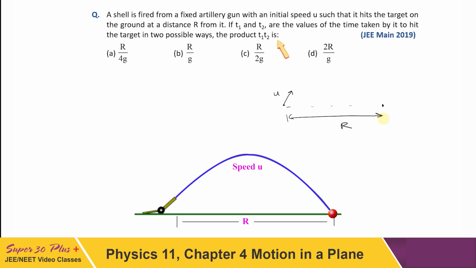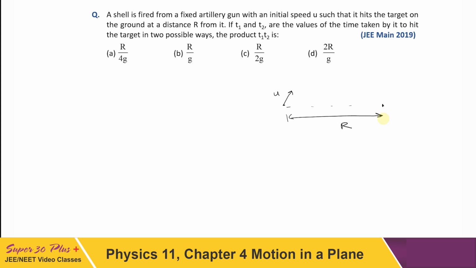So angles has to be, if one is theta, other should be 90 minus theta. So we can write, if r is same, for first it has to be equal to u square sine 2 theta 1 upon g, and also this is equal to u square sine 2 theta 2 upon g. On equating these two, we got sine 2 theta 1 has to be equal to sine 2 theta 2.